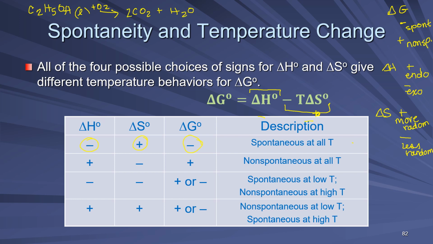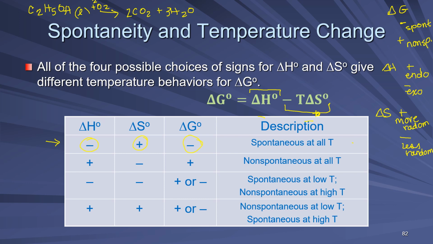Anyway, the numbers don't matter, but we're going from a liquid to all gas, so this is becoming more random. No matter what, if you put a flame to alcohol, it's going to burn. It doesn't matter how cold it is, how hot it is. So that is spontaneous at all temperatures.